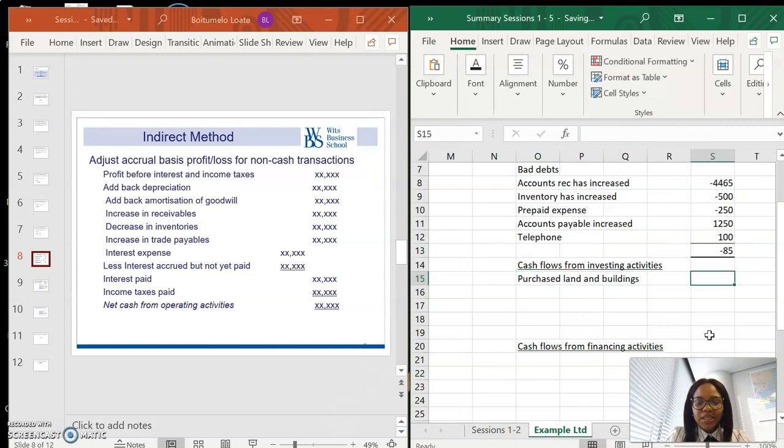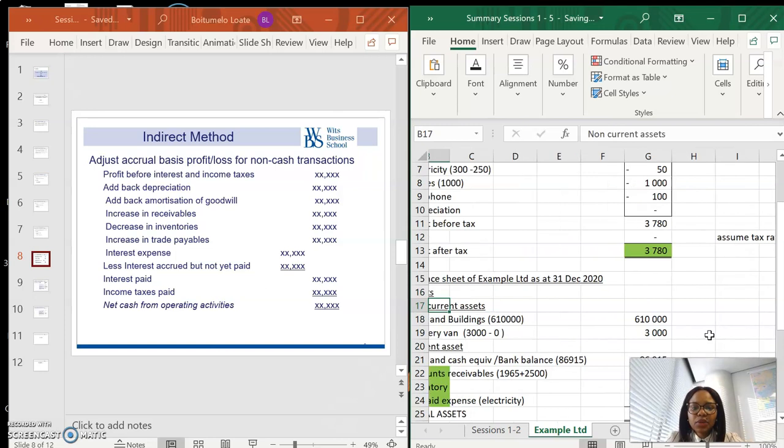And if you are purchasing, remember it's a negative. The money is coming out of your business, 610, and you've also purchased a delivery van of 3,000.